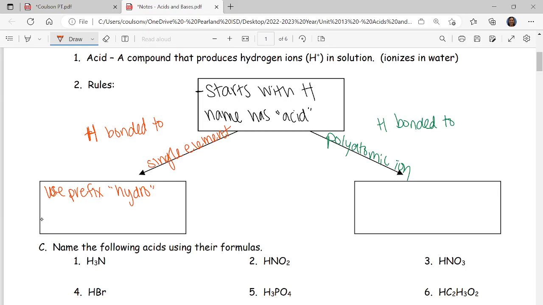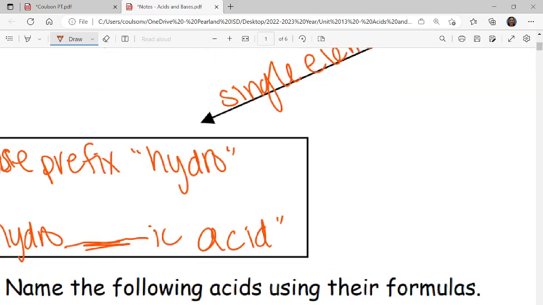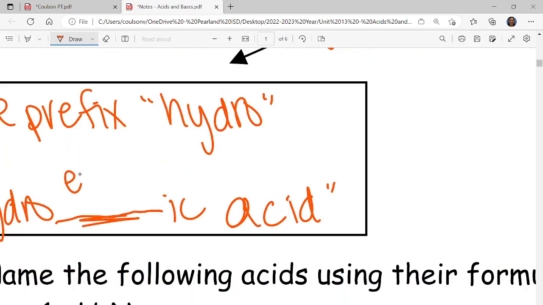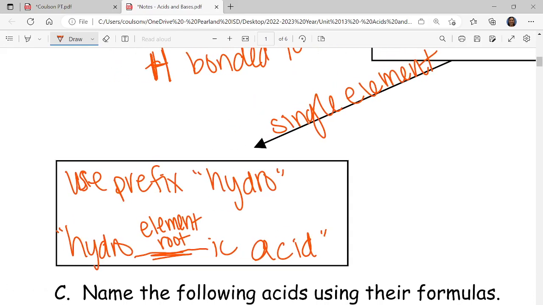So your convention would go hydro, blank, ic, acid. You always add acid at the end. So hydro, something, ic, acid, where in the little blank, that would be your element root.